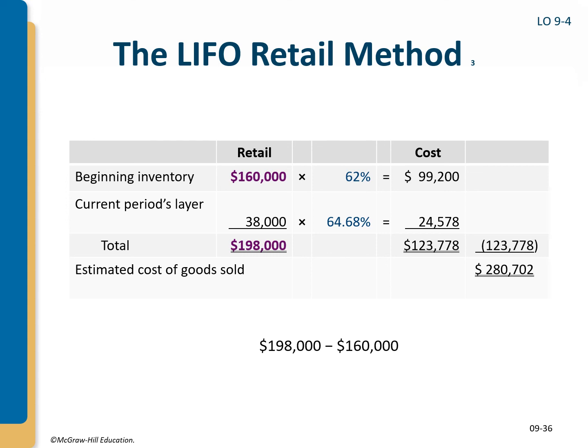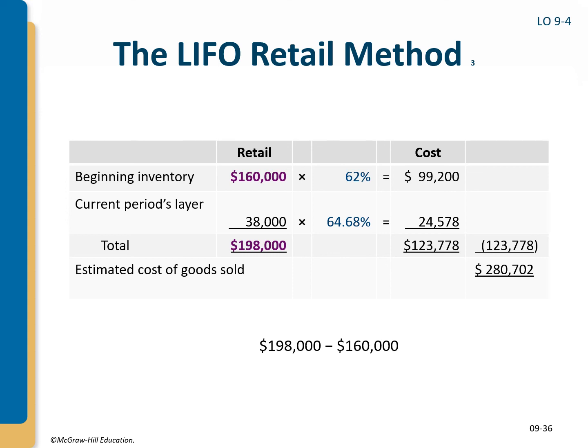We keep the really old stuff. We remove the newer stuff. So the first $160,000 of our retail value of $198,000 will be multiplied by that cost to retail conversion of beginning inventory, 62%. So the cost is $99,200.